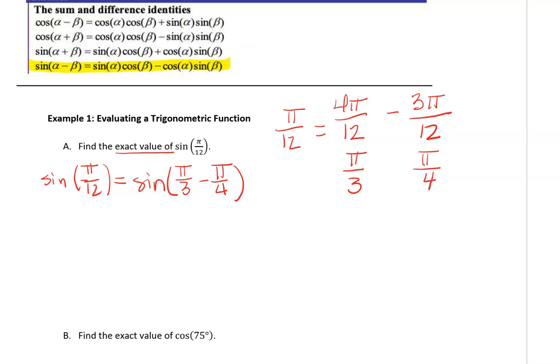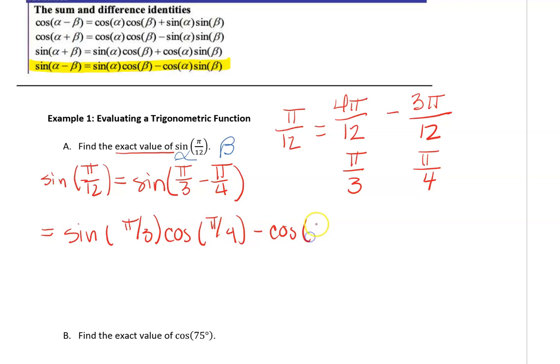In this problem, my alpha is going to be pi over 3. My beta is going to be pi over 4. So that gives us sine of alpha, which is pi over 3, cosine of beta, which is pi over 4, minus cosine of alpha, which is pi over 3, times sine of beta, which is pi over 4.